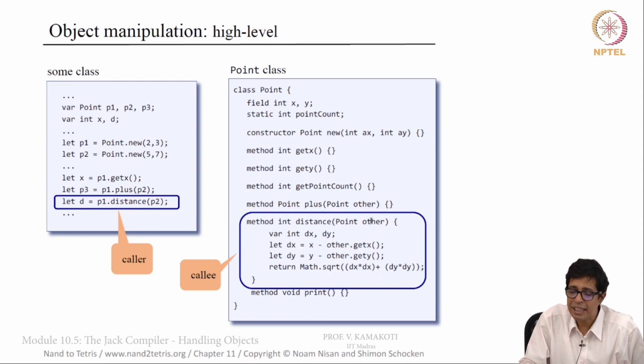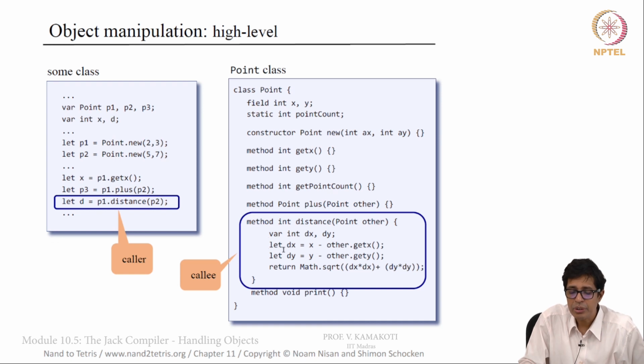So other is another point, and I am finding the distance of the current point, that is p1, from that point p2. That is what p1 dot distance of p2 means. So I will call the method inside p1 with the other as p2.